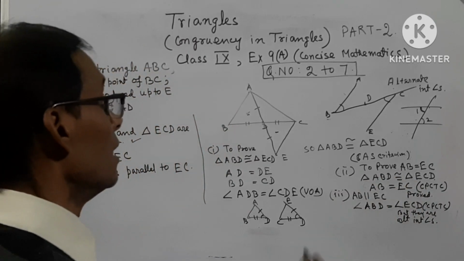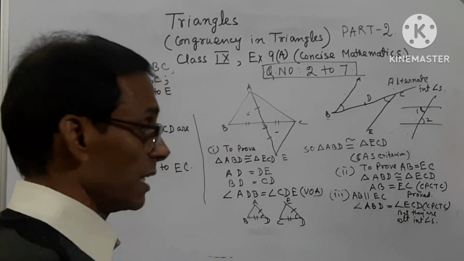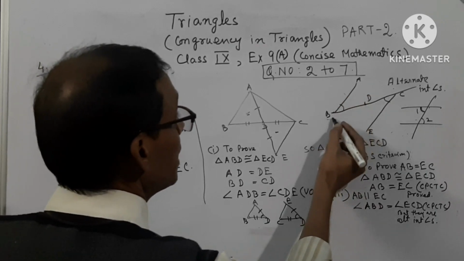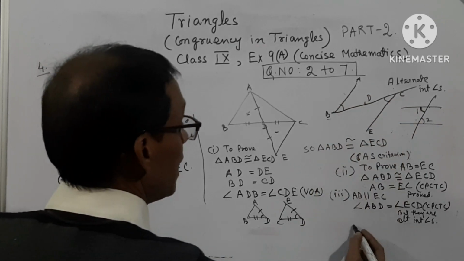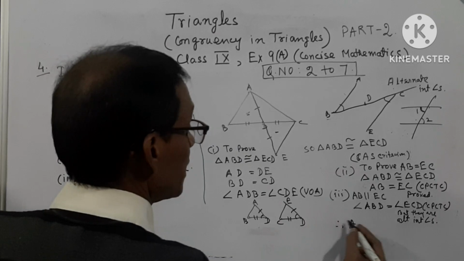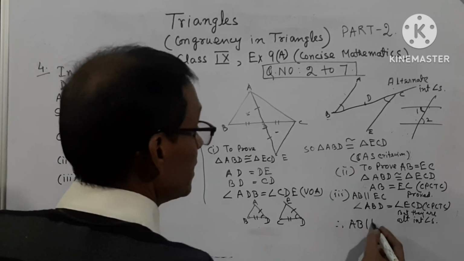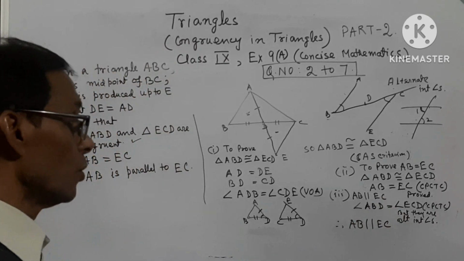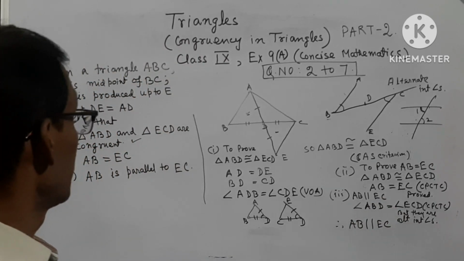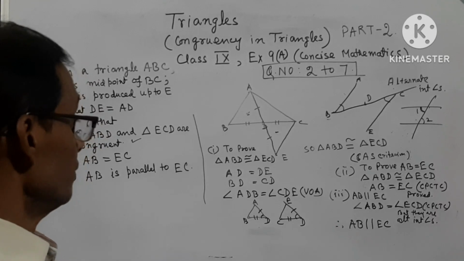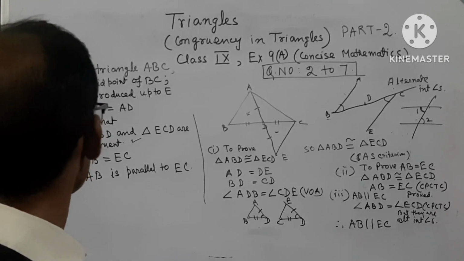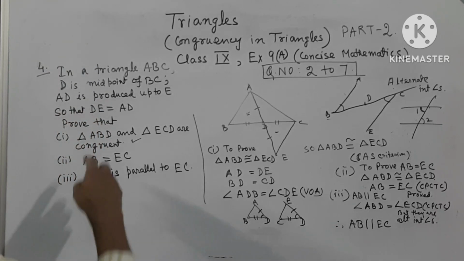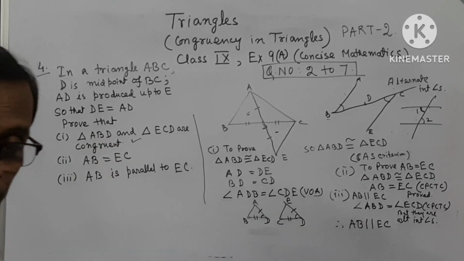You can write these are alternate interior angles, hence AB and CE, or EC are parallel. So AB and EC are parallel. Okay, so this way we proved all the 3 points.